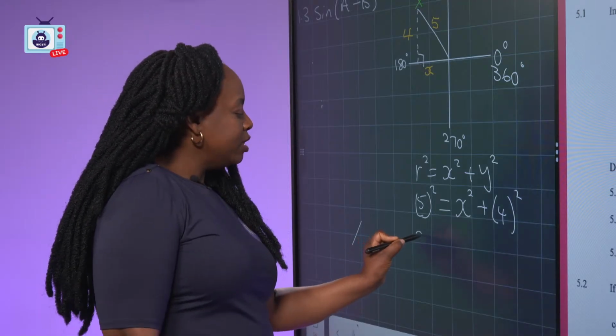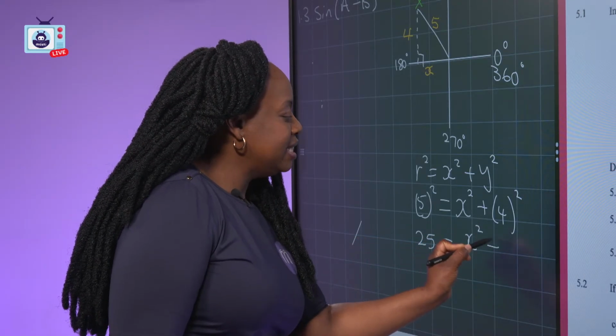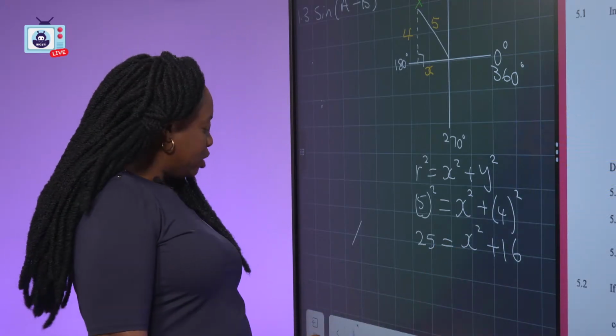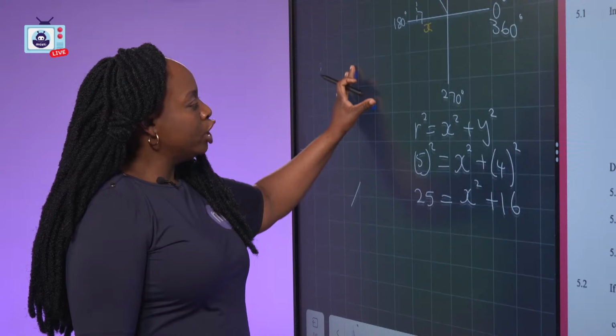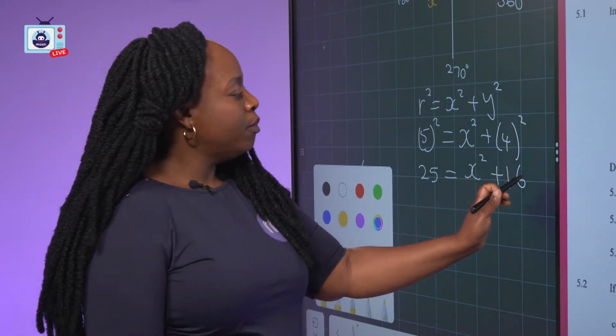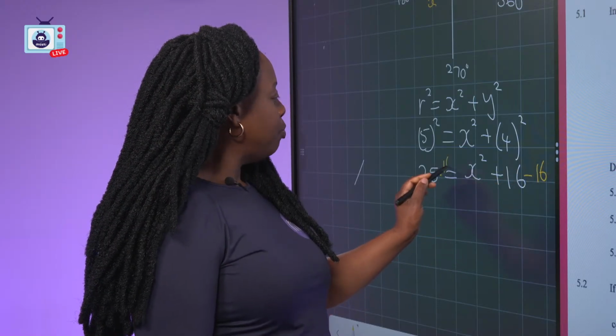Then our 5 squared will give us 25. Then we leave our x squared like that. Then 16. We need to find x only. So what we are going to do is move the 16 from the right. But how do we move it? We're going to subtract it from both sides.